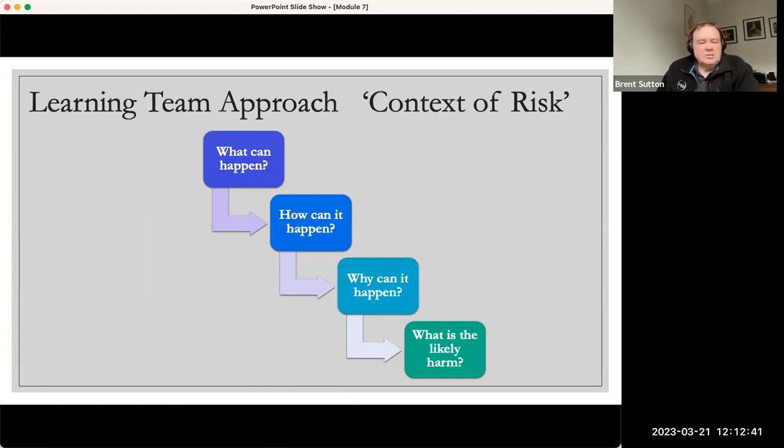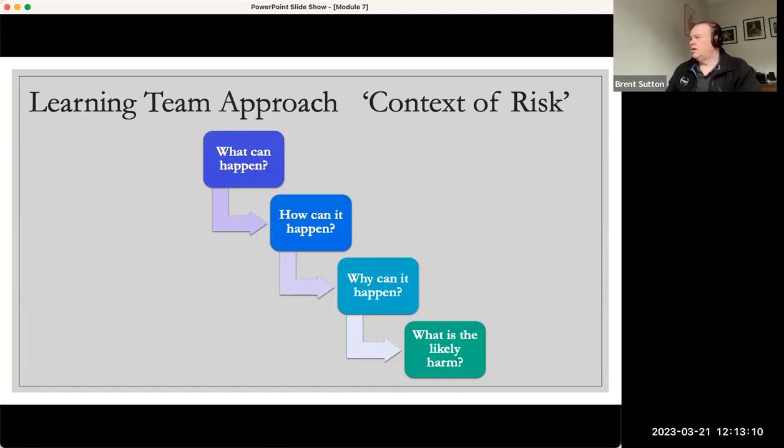Every time I've done this, we learn so much from workers, because workers are the only people that really know how the machine is actually used. The what can happen and the how it can happen and the why it could happen simply gives us deeper context around the use of it. And the likely impact is really important when it comes to assessing risk.